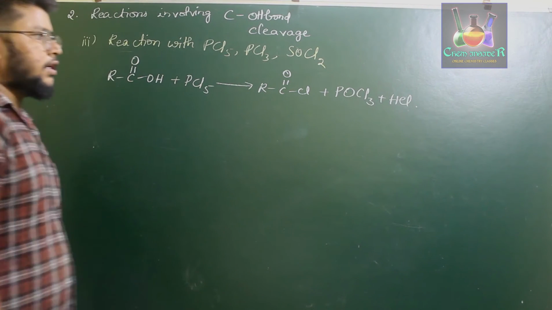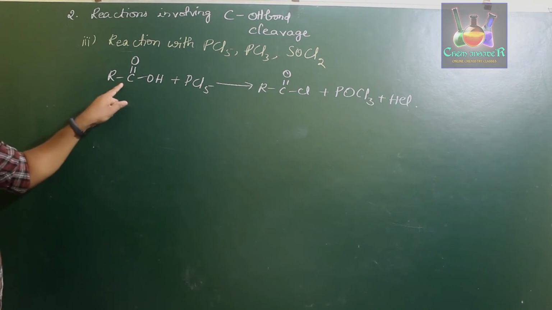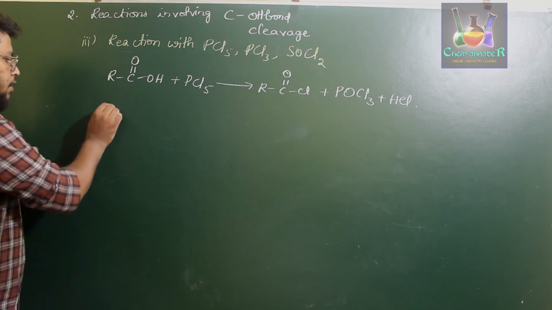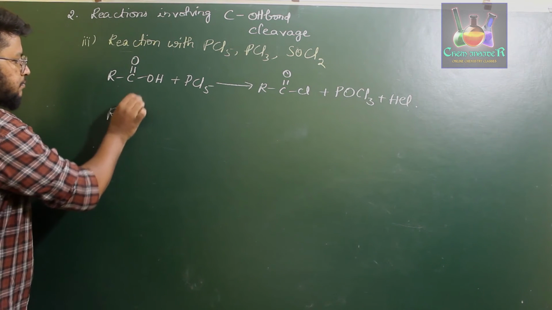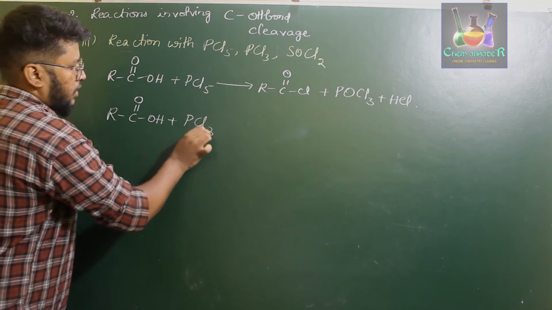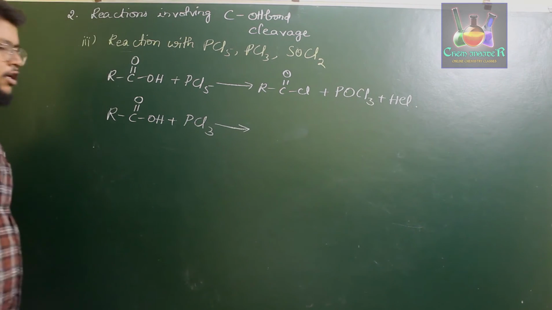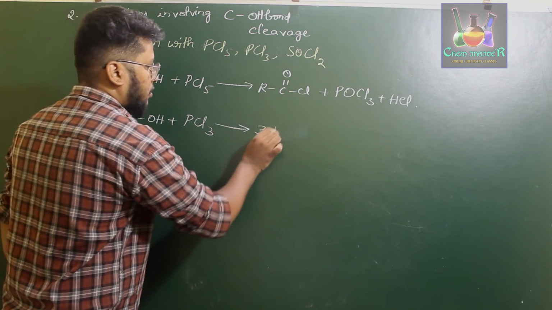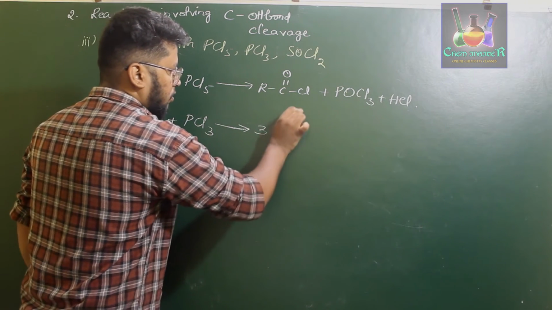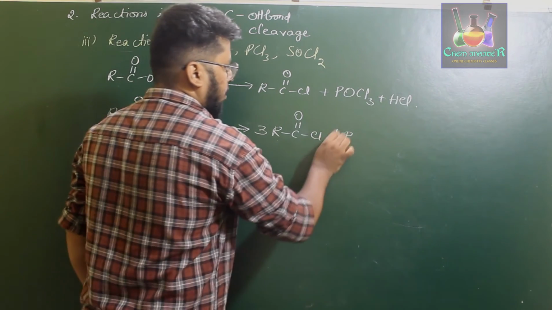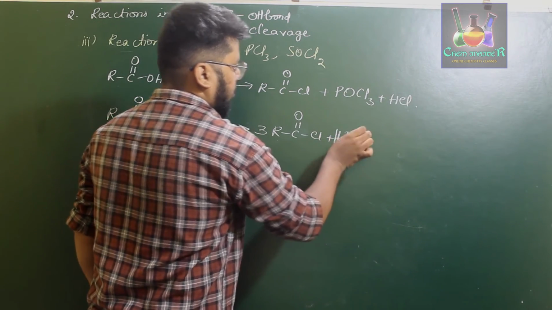So this is the reaction when carboxylic acid is treated with phosphorus pentachloride. Now, if you treat carboxylic acid with phosphorus trichloride, the reaction leads to the formation of RCOCl along with H3PO3.